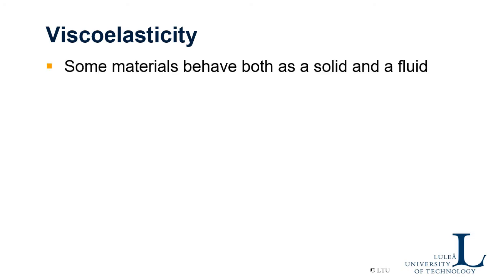Then there is also something called viscoelasticity, as you know. So some materials behave both as solid and a fluid. Well, I would say that all materials do that, but in some materials you hardly see the fluid behavior, like a metal, for example, which does not have that much viscoelastic behavior.